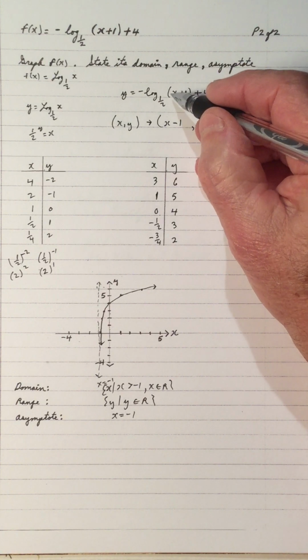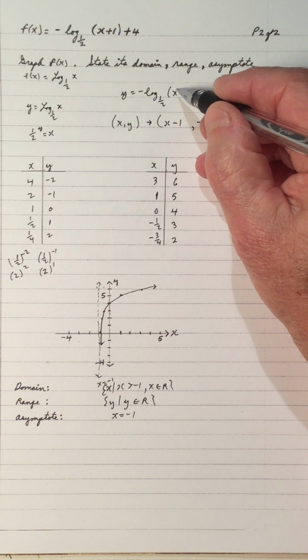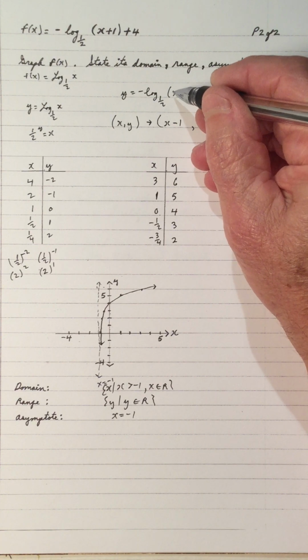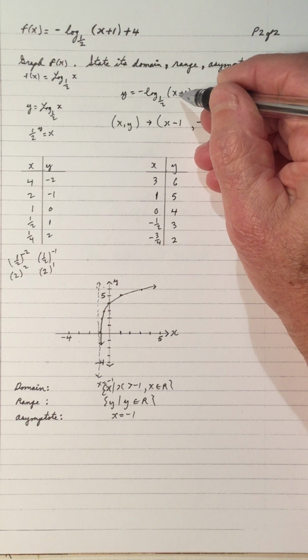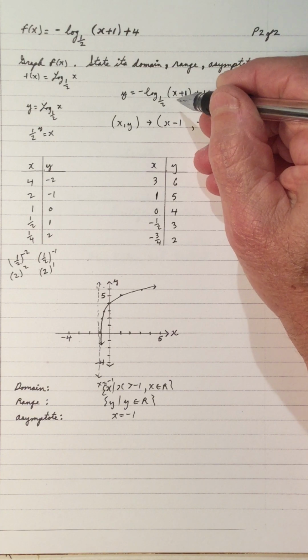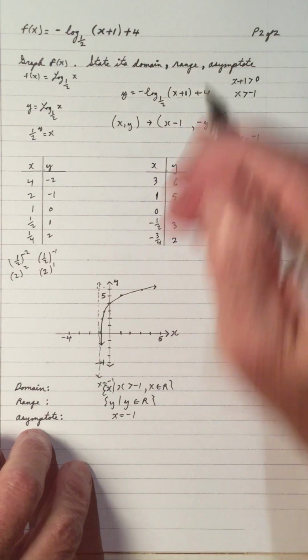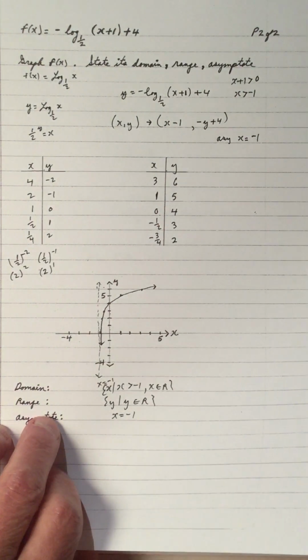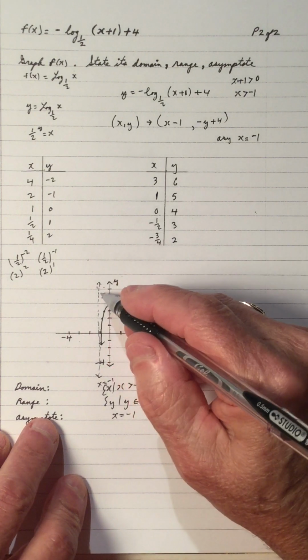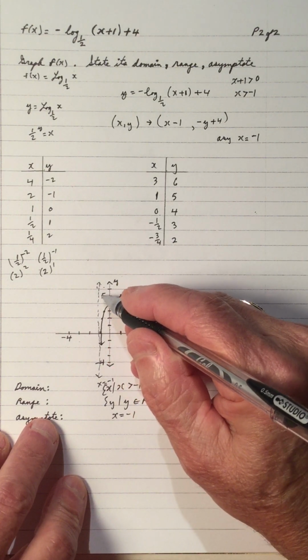Or again, plug the values of x in first and pick up the value of y. But these values of x have to have a base of 2, like 1, 2, 4, 8, a half, a quarter, etc. Anyway, just graphing a log function.